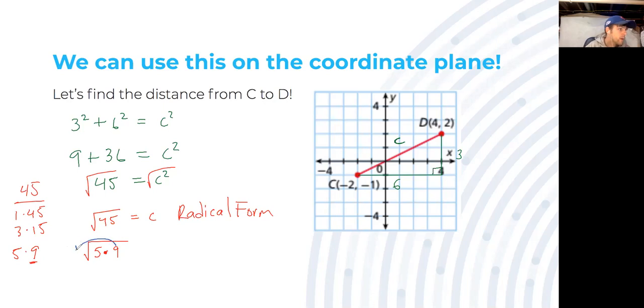So if I take the square root of that, I can write a 3 on the outside. The square root of 9 is 3. I go ahead and write that on the outside. And so our reduced radical form is 3 square root of 5, or 3 root 5. This is the reduced radical form.